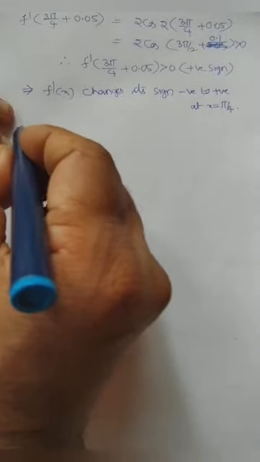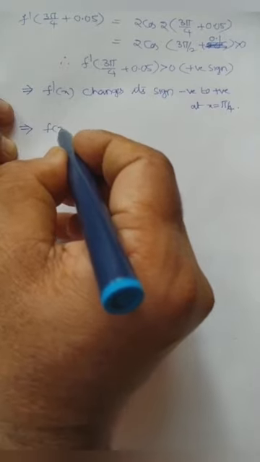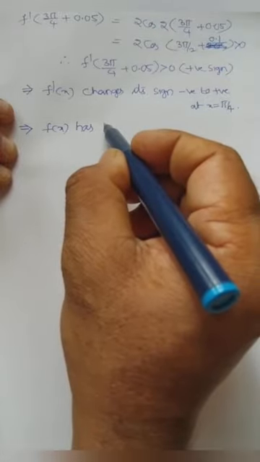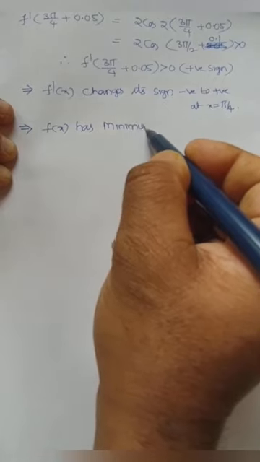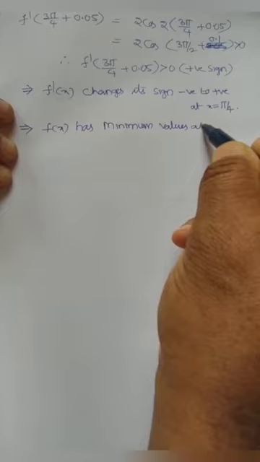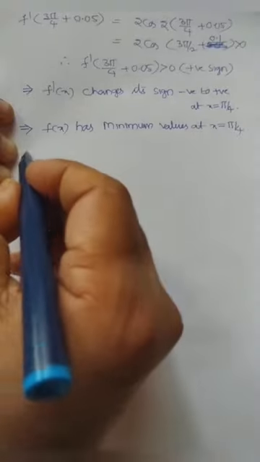It implies f of x, going from negative to positive, has minimum values at that point.